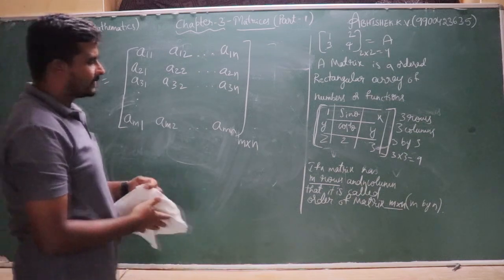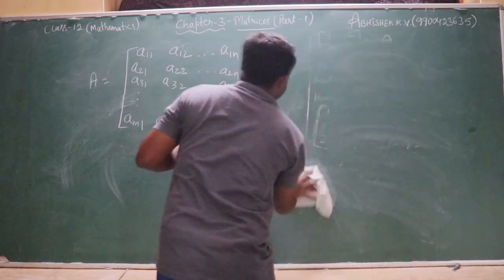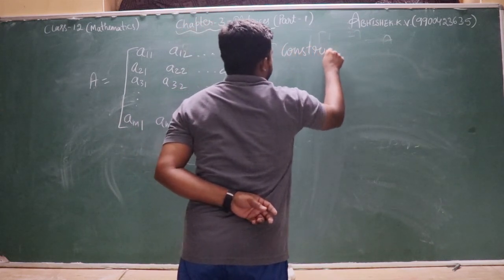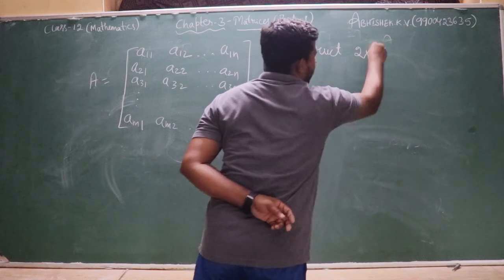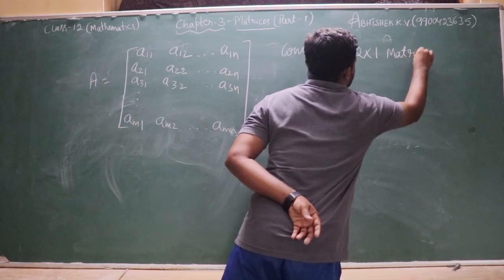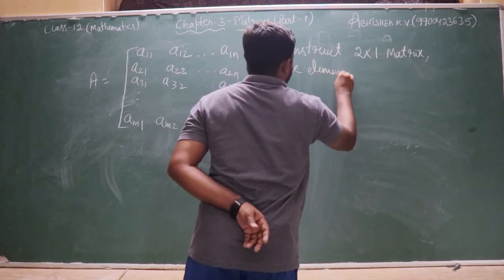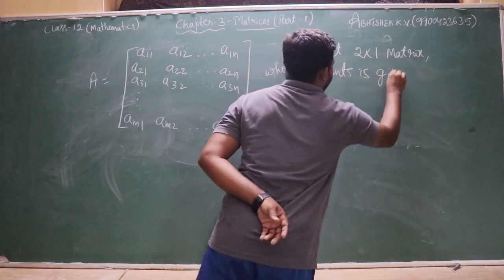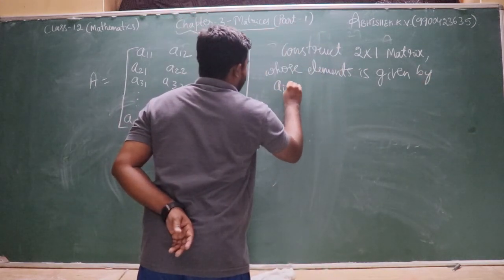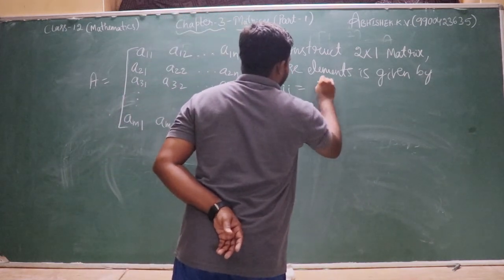Suppose the examiner asks the question: construct a 2 cross 1 matrix whose elements are given by Aij equal to i plus j.